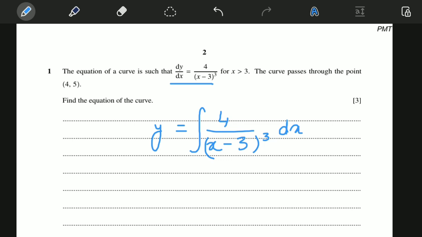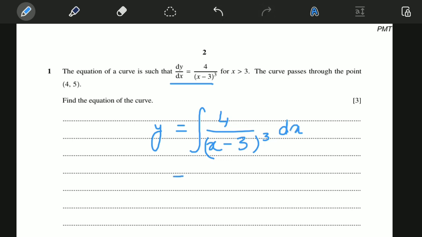Actually, we are integrating both sides. Firstly, we take this dx to the right hand side and integrate both sides. Integrating 1 with respect to y will give you y. But in short, we say that we are integrating just the right hand side.